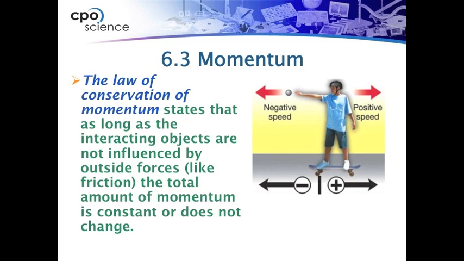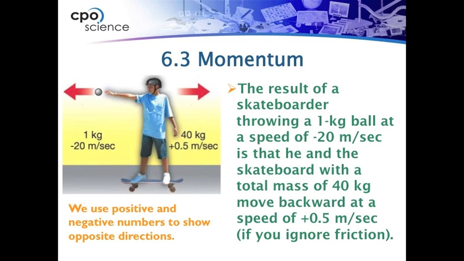So when you're dealing with two objects, you're talking about adding their momentums together. Look at the example to the right. You have a boy on a skateboard and a ball, and he's going to throw that ball. Prior to throwing, the ball isn't moving, so it has a momentum of 0 because it has a velocity of 0. The boy isn't moving, so he also has a momentum of 0. So the total momentum before is 0.